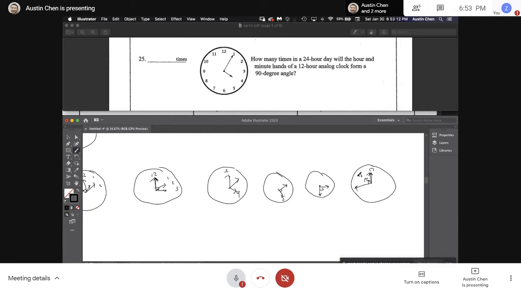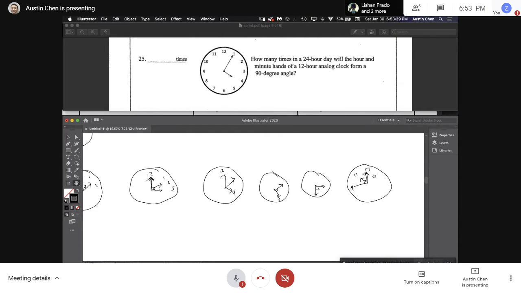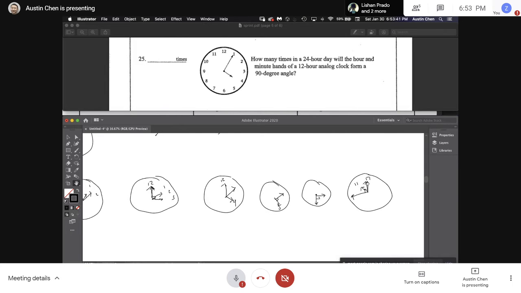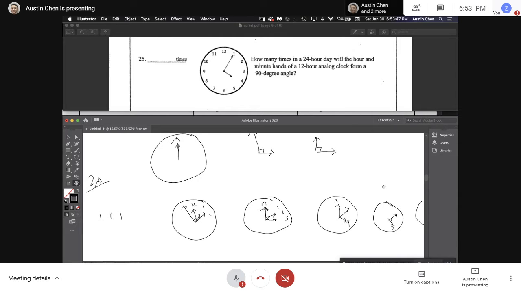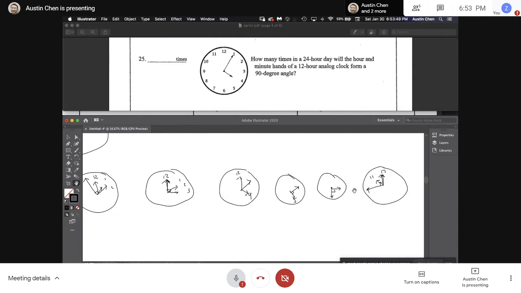Then after this, it's going to go to the 12th hour, and no more right angles are going to be made, right? So one right angle will be made on the 11th hour, and as it reaches the 12th hour, no more right angles will be made. So no problems with that. And then as it hits 12, we can just double all of our right angles for the next 12 hours, right?